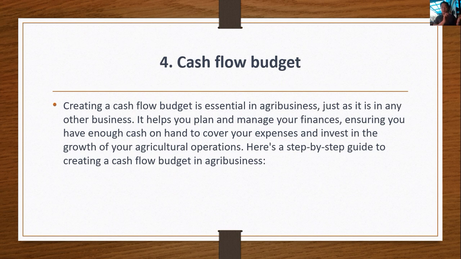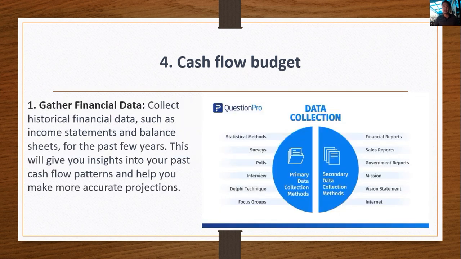So you list it properly so that you can anticipate where your available cash will go. And here are the steps to guide you in creating a cash flow budget in agribusiness. Number one is that you need to gather your financial data.